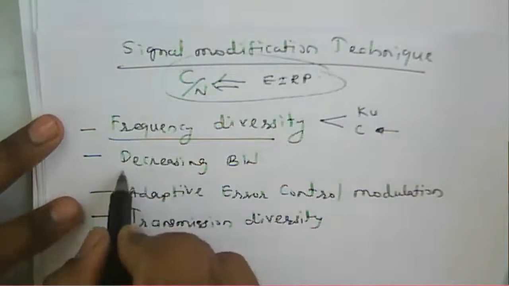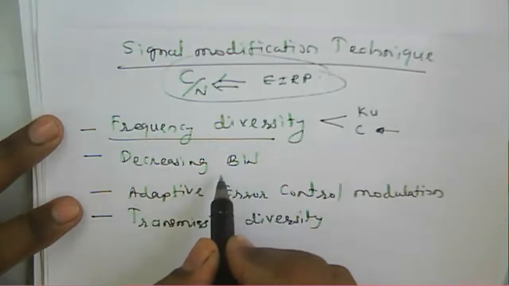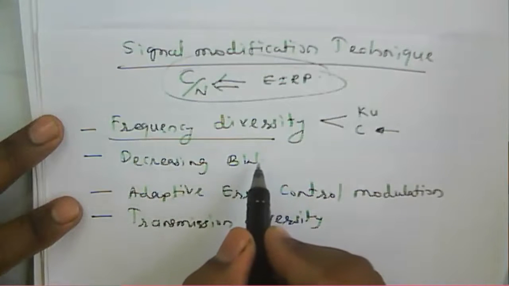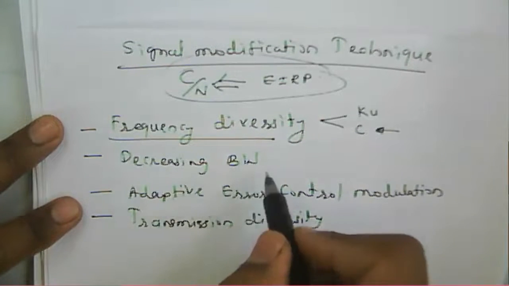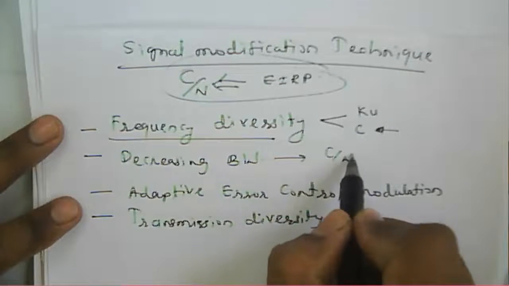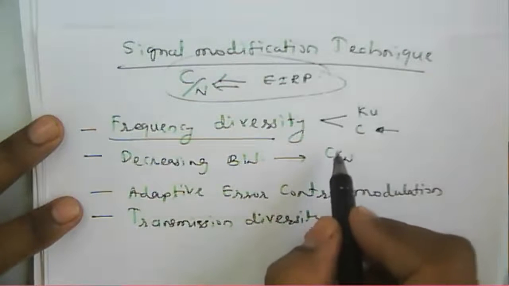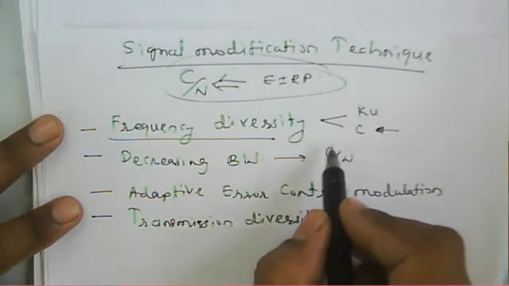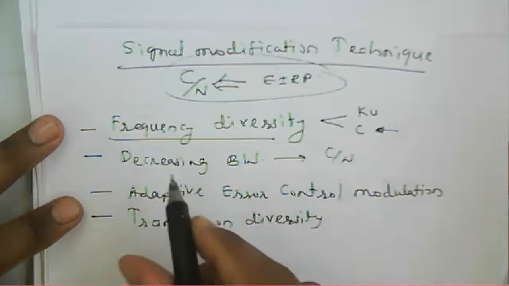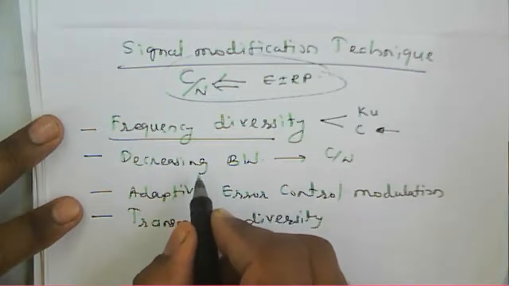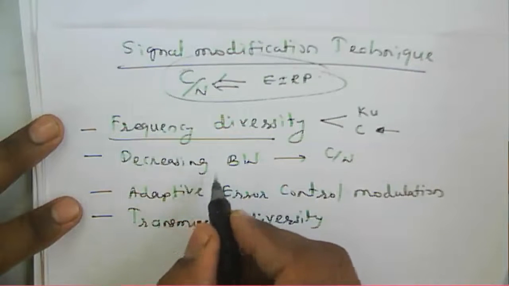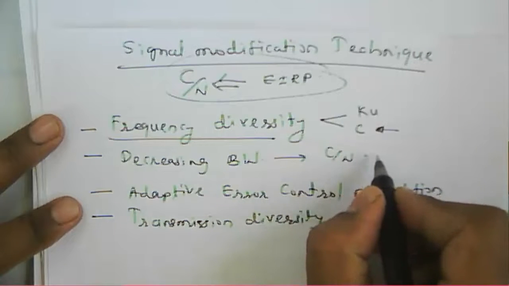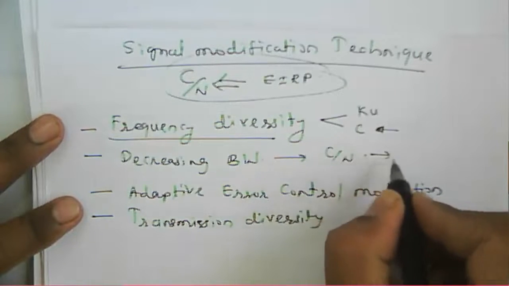Another way is to decrease the signal bandwidth, and that will increase the C by N. Because when we decrease the signal bandwidth, the noise bandwidth will be reduced.